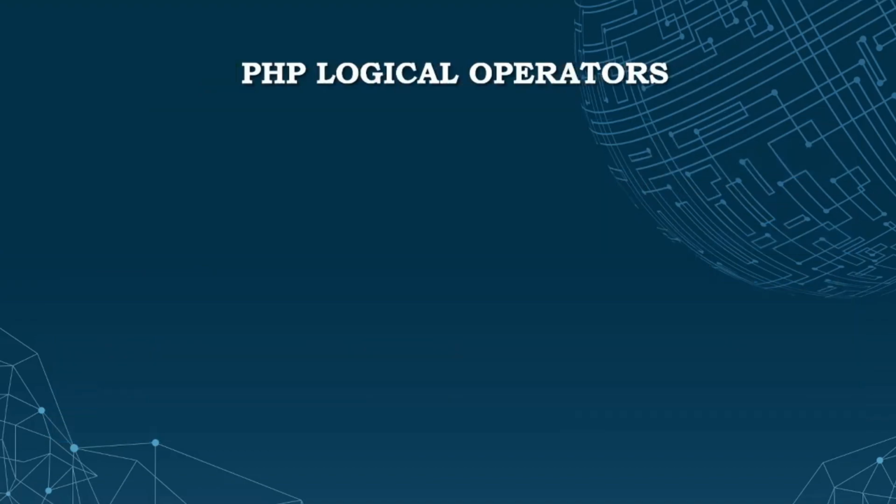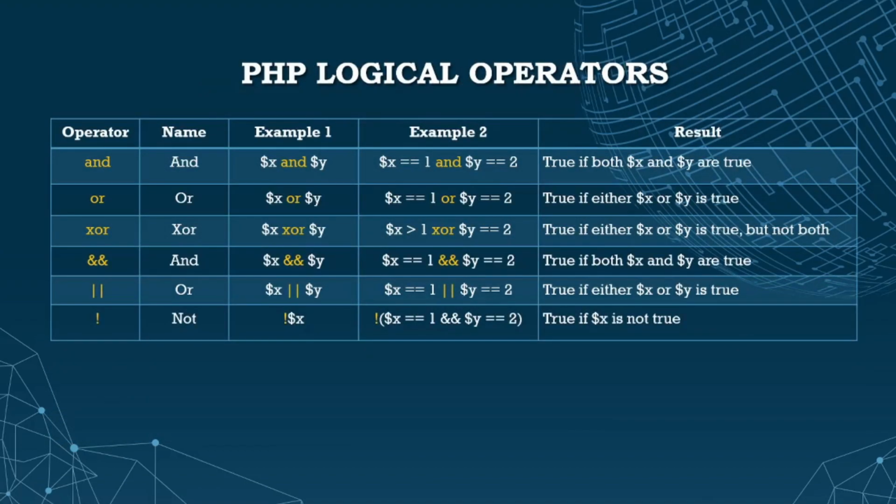Another operators that we can use is what we call the logical operators. So we have the AND, OR, XOR, and also meron tayong mga special characters yung ginagamit for AND, and of course the OR, which is a pipe character, and then the NOT operator, which is the exclamation character.